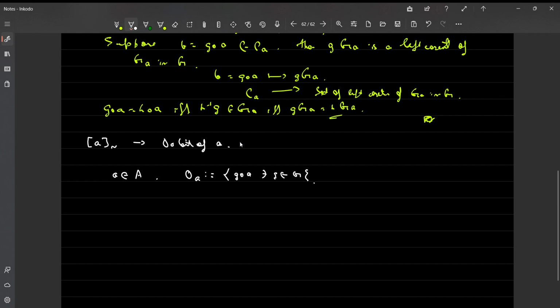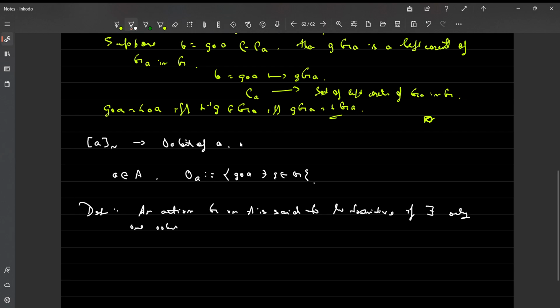Clear? Okay. So this is called the orbit of A, right? So the next definition is that an action of G on A is said to be transitive if there exists only one orbit.